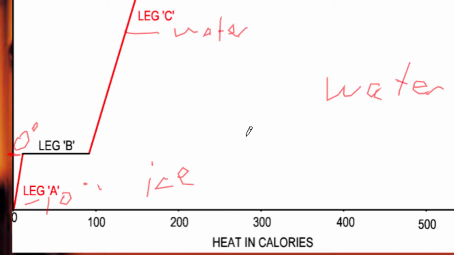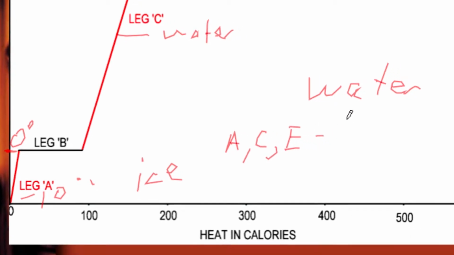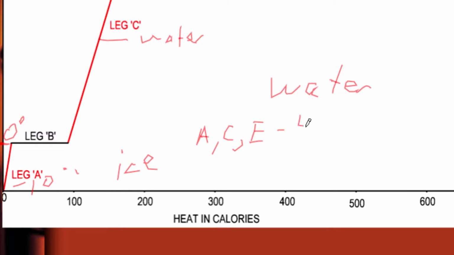So we're going to say that in leg A, in leg C, and in leg E, the heat makes molecules speed up. Because remember, part of the KMT was that the temperature is directly related to the speed of the molecules.